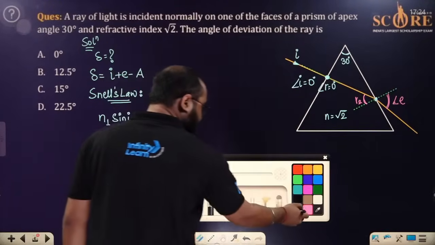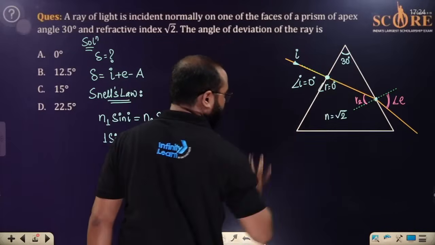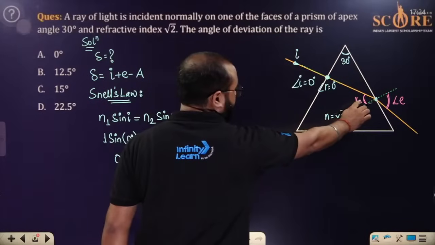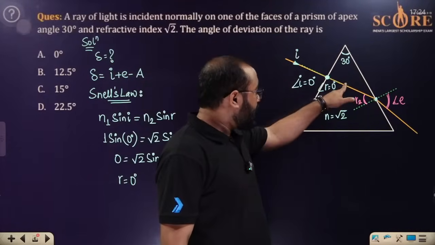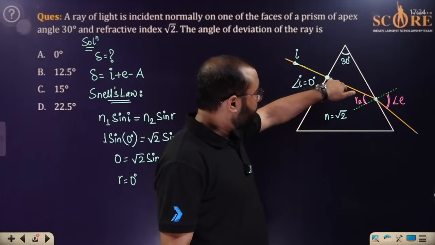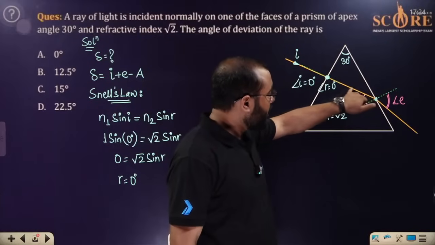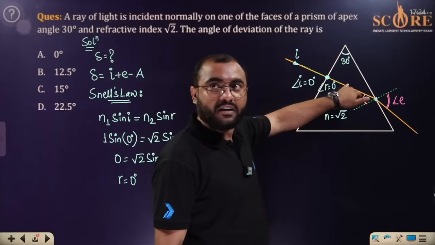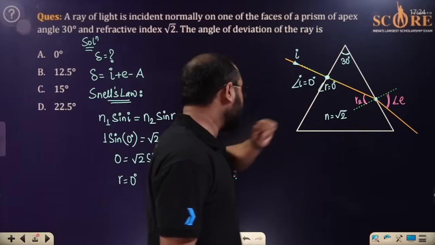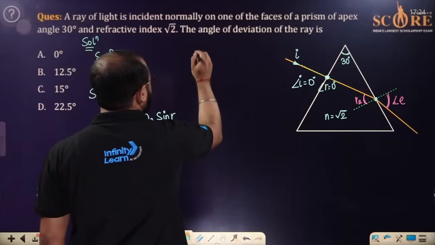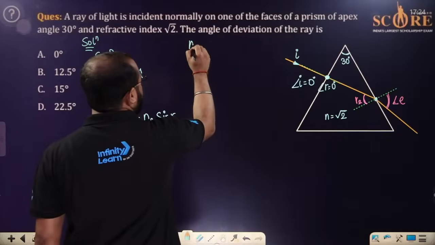Let us solve. We are talking about this point, and we are going to find out R2. Now, if you think very basically, this ray which is coming from this point and going to this point, this refracted ray, is going to be incident at this second face. So in this particular case, from Snell's law, we can write N2.